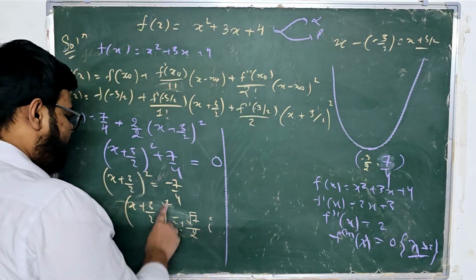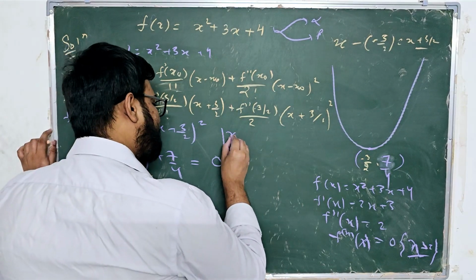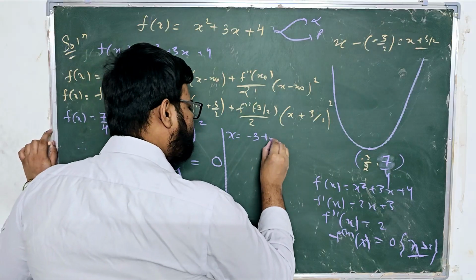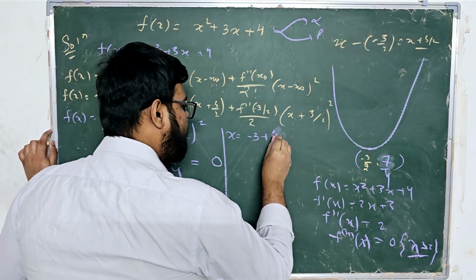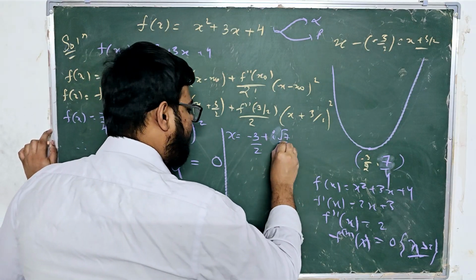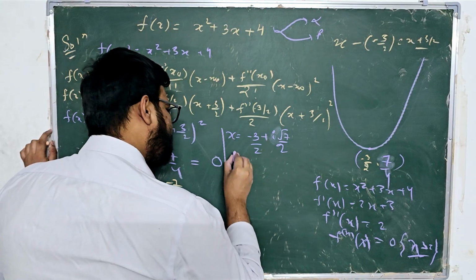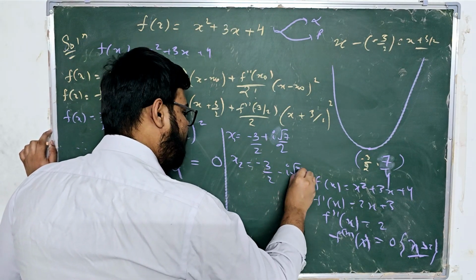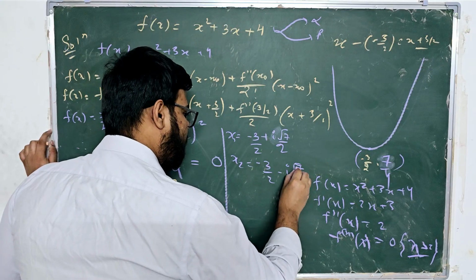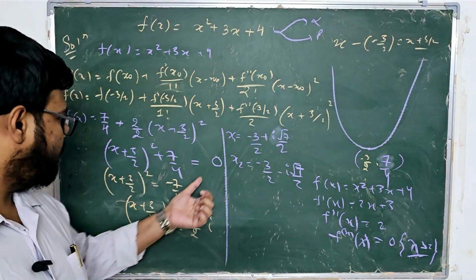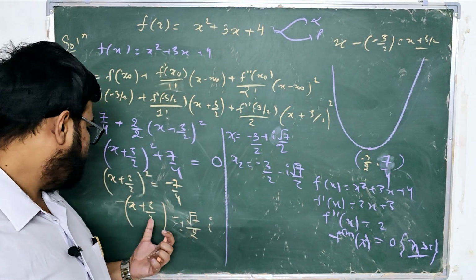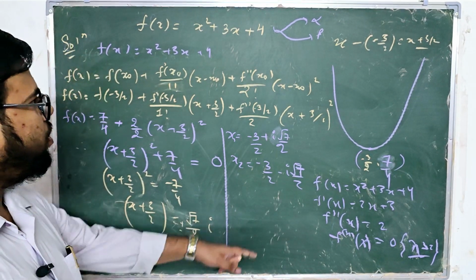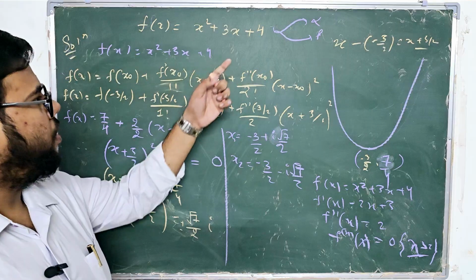So from here you will get x equal to (-3 plus i root 7)/2, and x1 and x2 are -3/2 plus or minus i root 7 by 2. So this is x1 and this is x2. These are the roots of this quadratic polynomial.